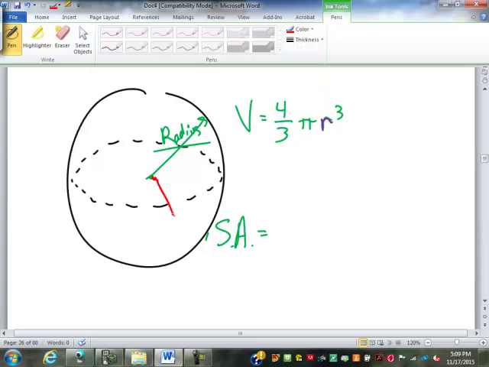So let's say that we have a sphere with a radius of 6 inches. So that volume will be 4/3 times 3.14 times 6 cubed.